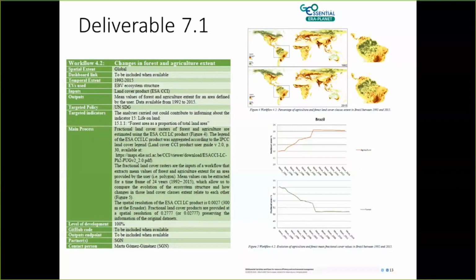Then we select a region, considering an input that should be provided by the user, and we can estimate the average fractional cover for that specific area. In this example, you can see the case of Brazil and the results of the well-documented deforestation policy implemented in the country since 2006.